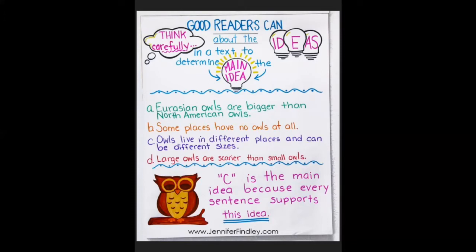Well, let's see if A supports that. Eurasian owls are bigger than North American owls. That talks about different sizes. Some places have no owls at all. Again, that tells us that they live in different places. And finally, D, large owls are scarier than small owls. So larger owls can be different than smaller owls.